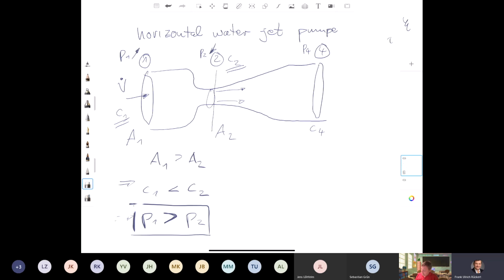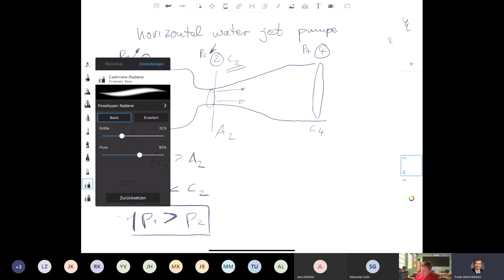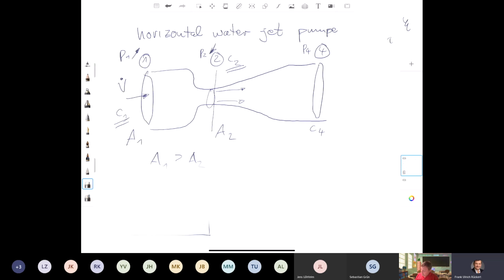So, and now because of this effect, we can do a really cool thing. We can use this as a pump. If we now make a small vessel here and a small pipe, we insert the small pipe system, and we have a liquid here. We have fuel or oil.